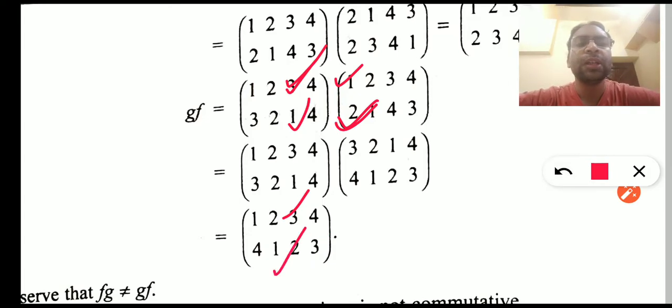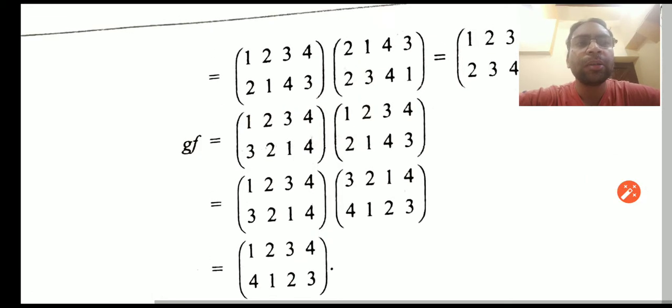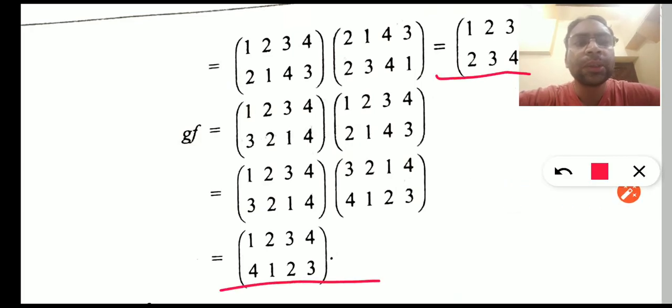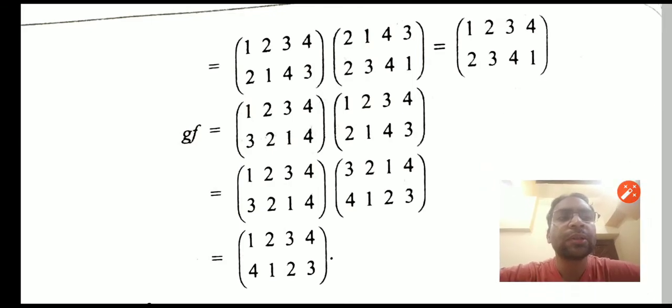So we can see this is the resultant composition or resultant product, and it is very much different from the previous one, F o G. This is F o G and this is G o F. Once we have both, we can compare and see.